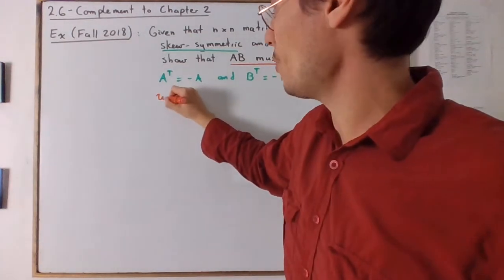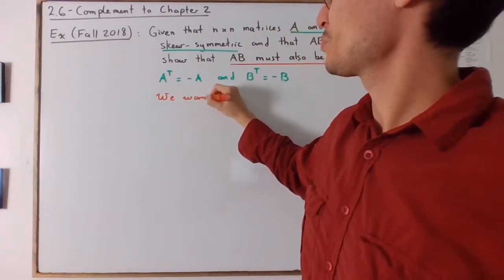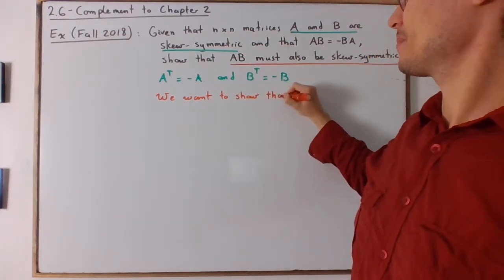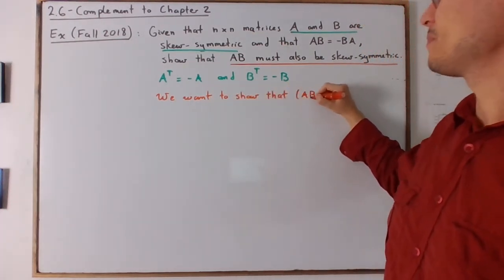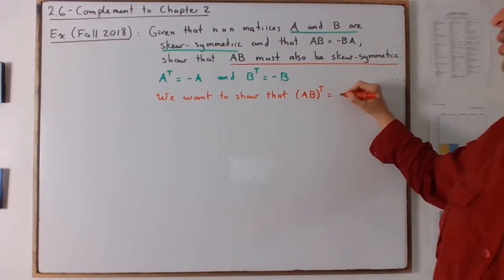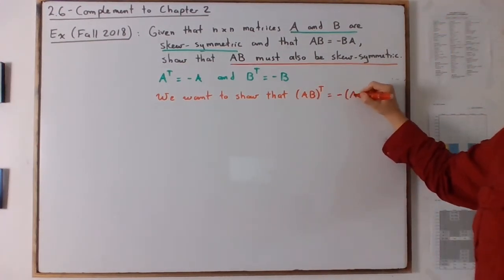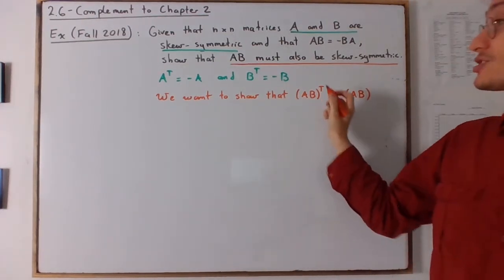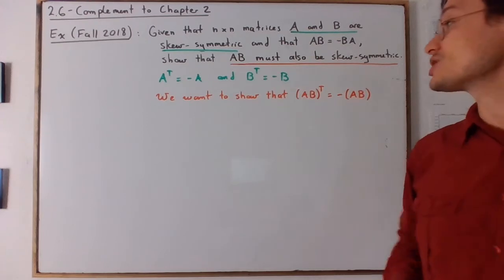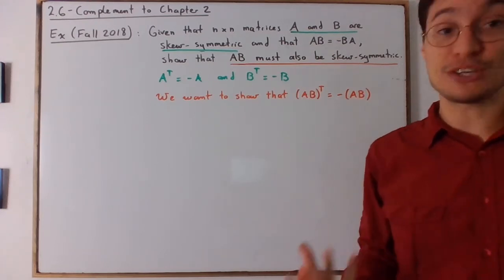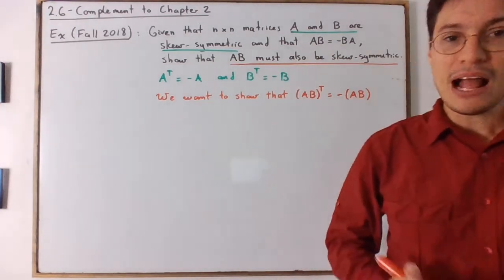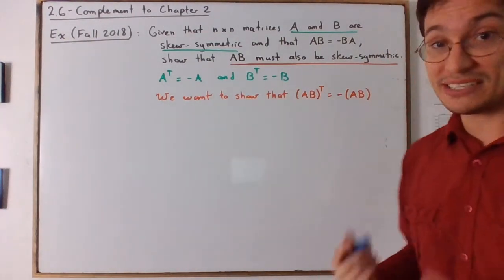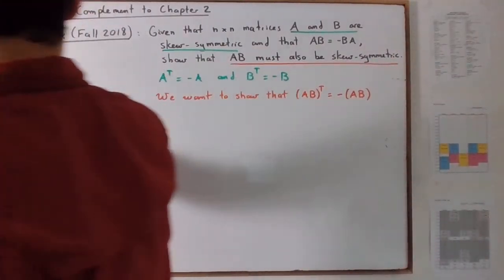Well, we want to show that AB transpose is equal to negative AB. I put brackets just to show you that this is the definition for AB to be skew symmetric. And now that we wrote this down, we know exactly what we need to do. We just need to compute AB transpose.